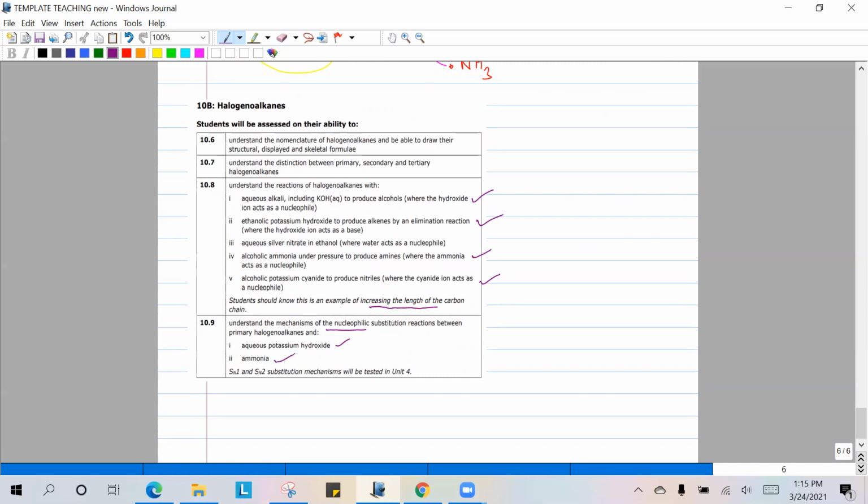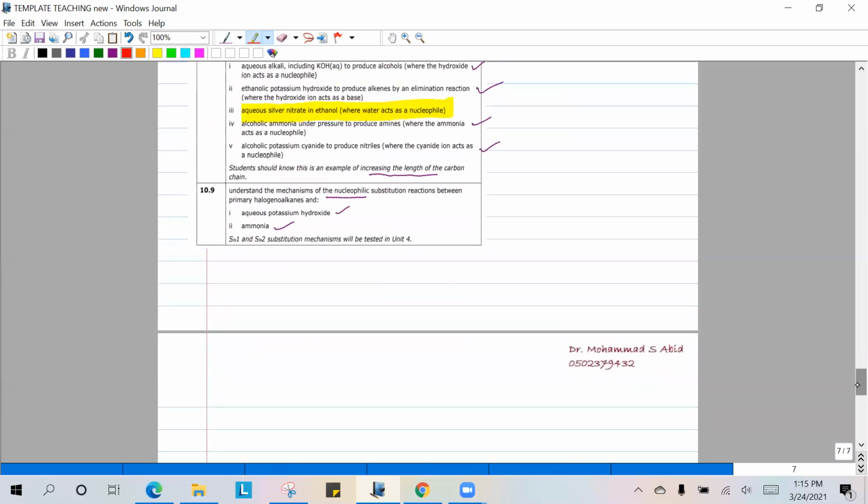Now the only thing still to be explained is aqueous silver nitrate in ethanol. That can be done in the next video, where this reaction is studied in terms of testing for haloalkanes.